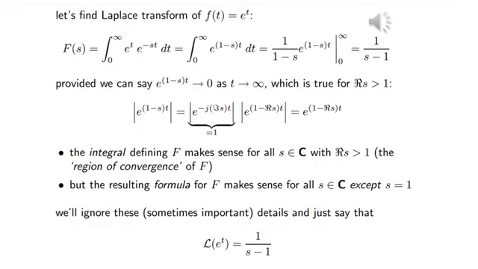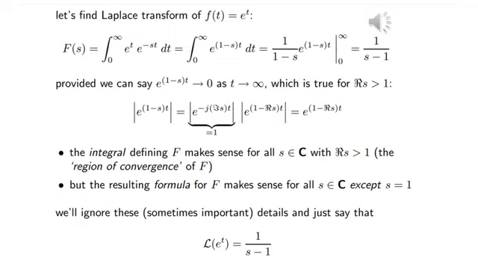So if we apply 0 for the values of t, it will be e raised to power 0, which is 1. While if we apply infinity on the other side, this will become e raised to power 1 minus s times infinity, which will be 0.